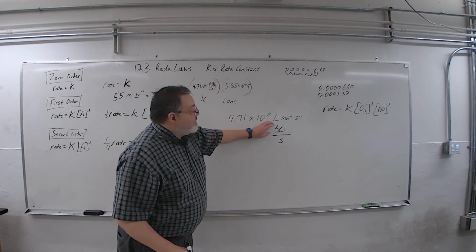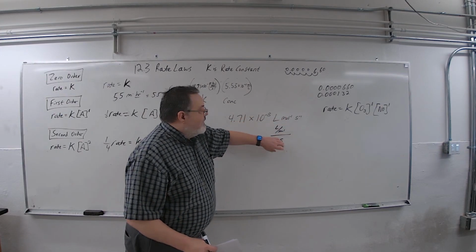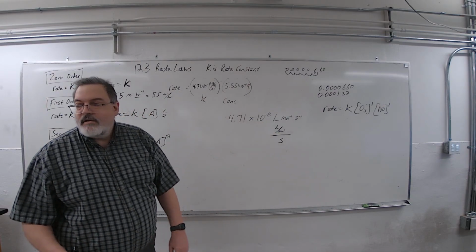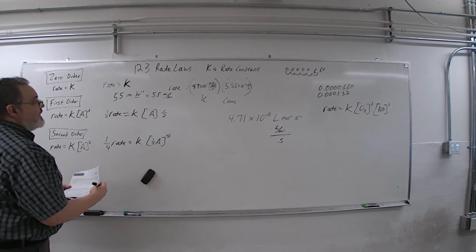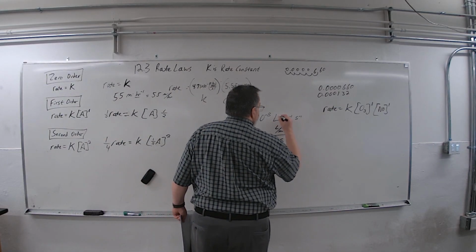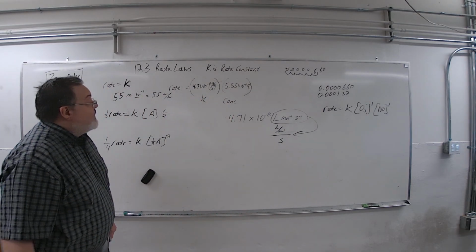So like I had before, I had concentration, delta concentration of something and delta T. This keeps the concentration units together, it keeps the seconds together. That's the way I would write it instead of like this. I would write it like that.